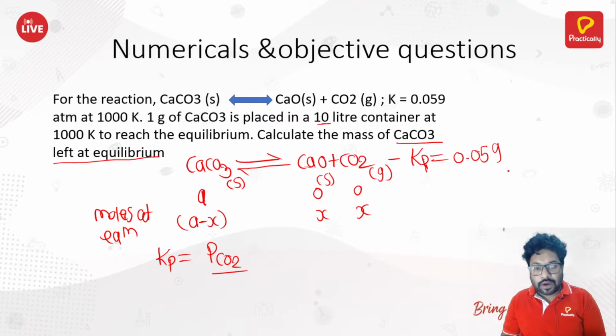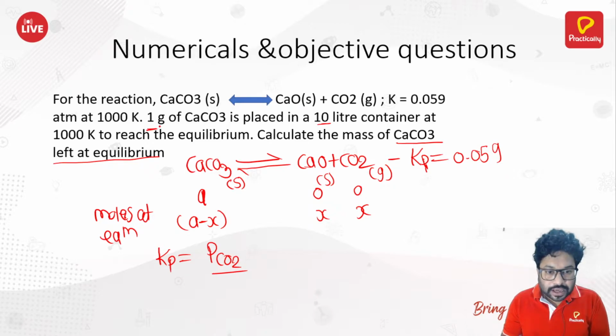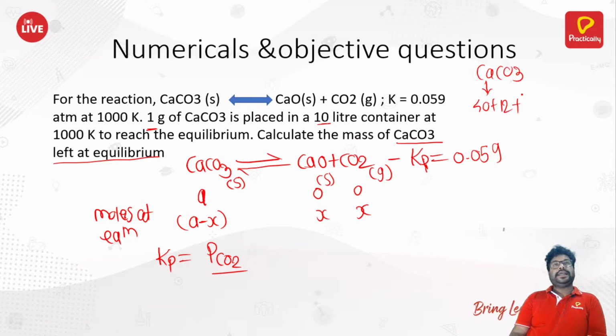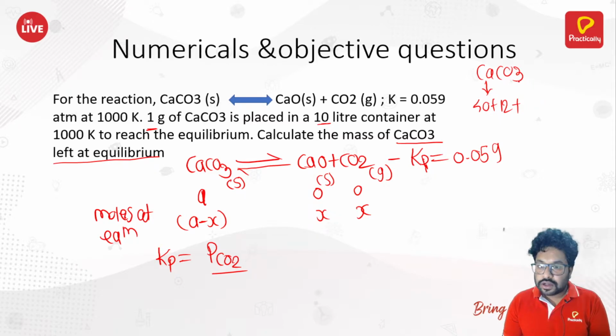Now 1 gram of CaCO3, you can always calculate the number of moles from that. If you take the CaCO3, its molecular mass is how much? Calcium is 40, carbon is 12, oxygen is 16 into 3, 48, right? So 48 plus 12, 60, plus 40, 100.